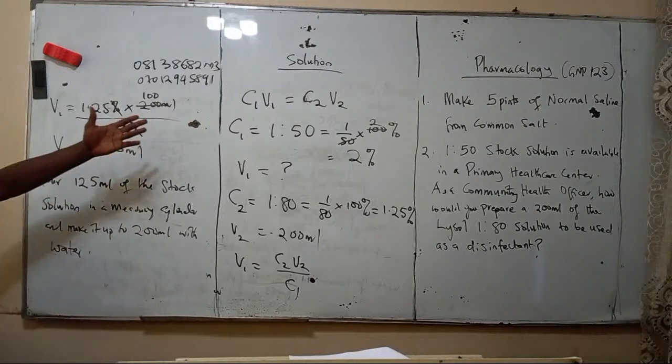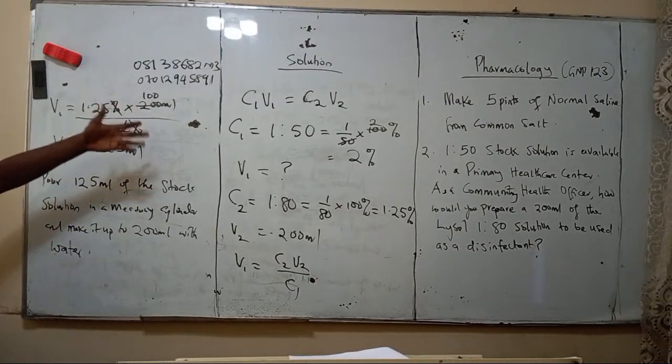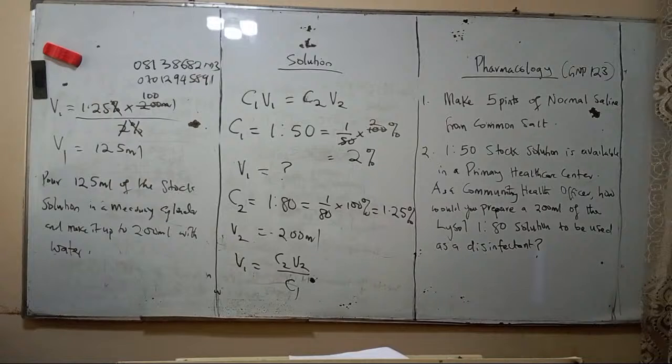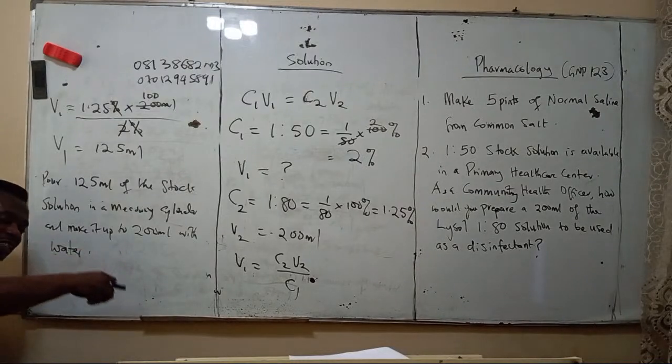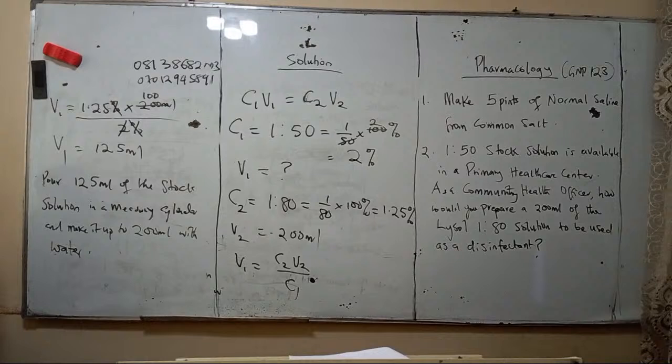I started with the dilution formula, C1V1 equals C2V2, because the stock solution has a particular concentration and a particular volume. To dilute it, you take a particular volume of that stock solution and add water to prepare another volume of the same Lysol, but diluted.